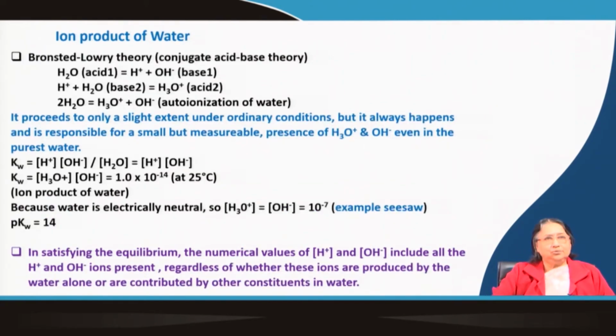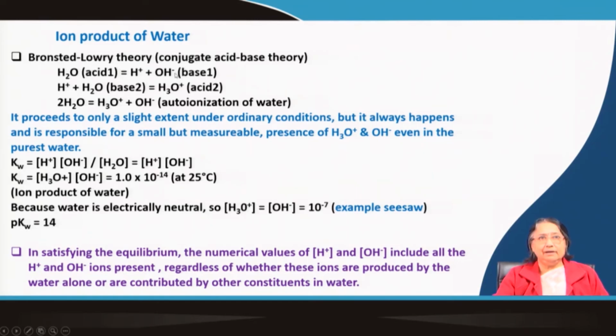Now, the ion product of water. I have already told in my first lecture what the ion product of water is. We know from the Bronsted-Lowry theory of conjugate acid base pairs that water can act as an acid when it gives H+ ion and OH- ion, which is its conjugate base.